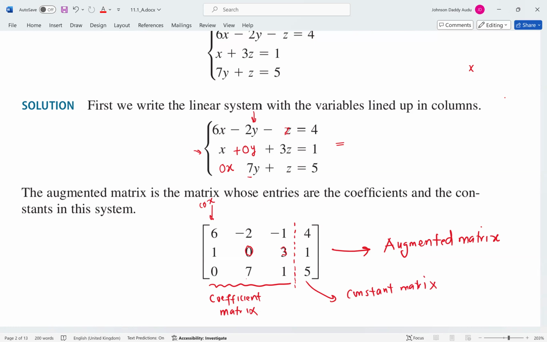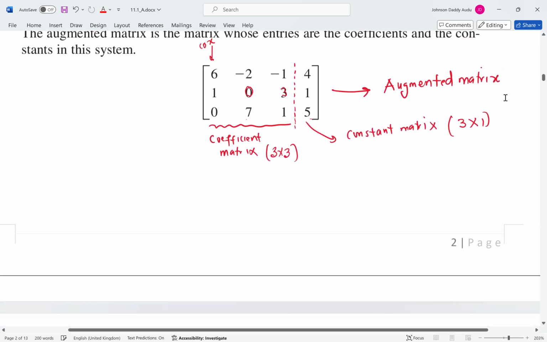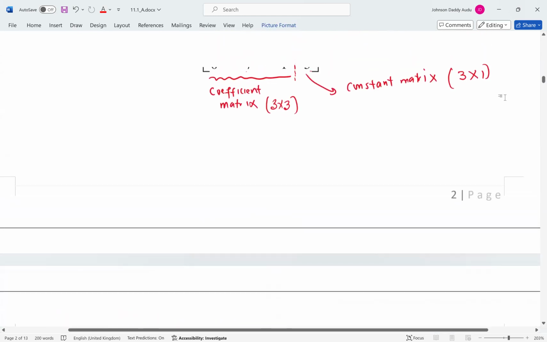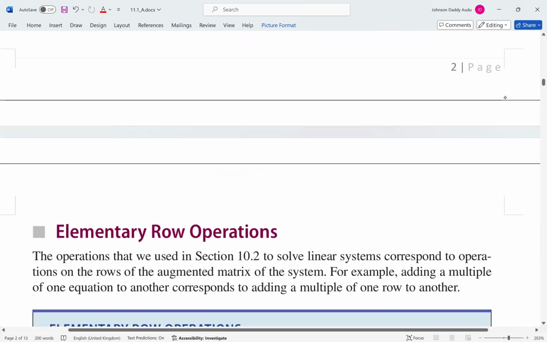It is 3 rows, 1 column, so this is 3 by 1. But the coefficient matrix, as you can see, is 3 by 3. All right, so this is just a simple definition of an augmented matrix and what a matrix is.